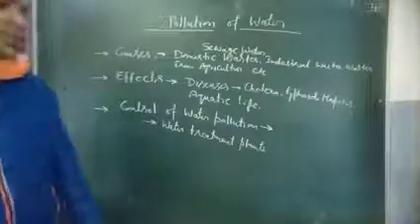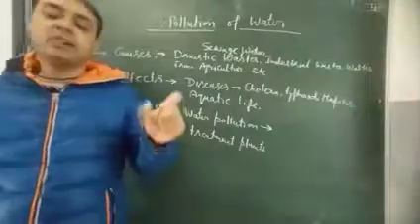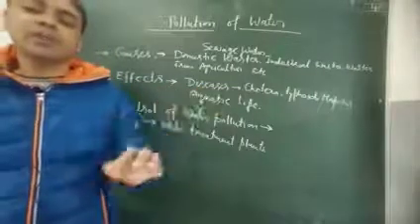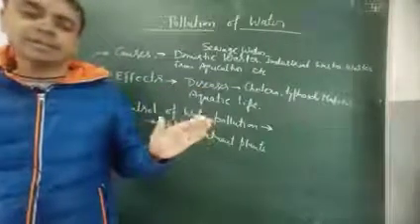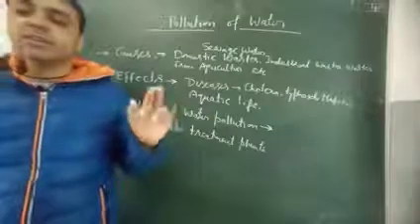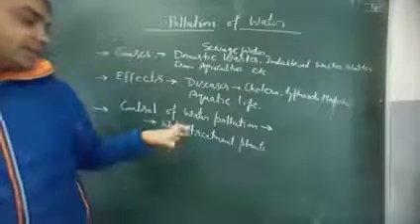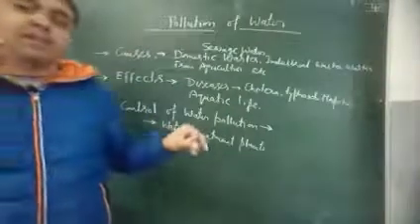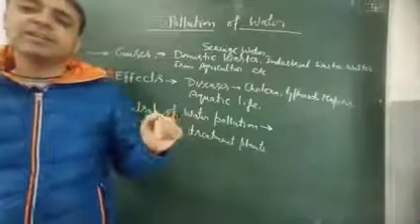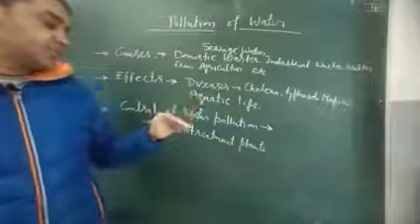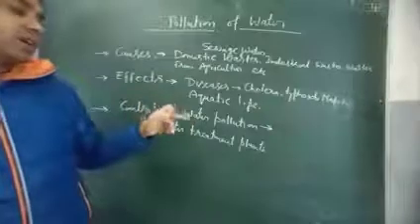Secondly, we should not throw harmful water into any water body in nearby places. Next, we can treat the water before disposing it into any water body. So these are the different methods by which we can control water pollution.